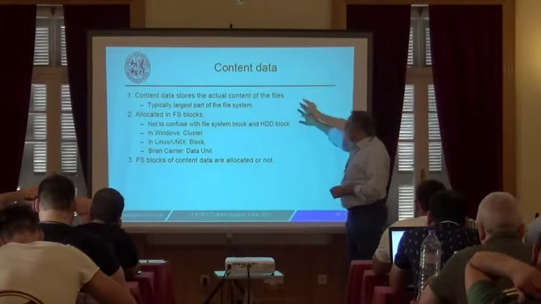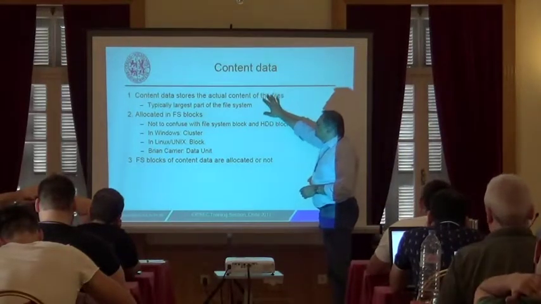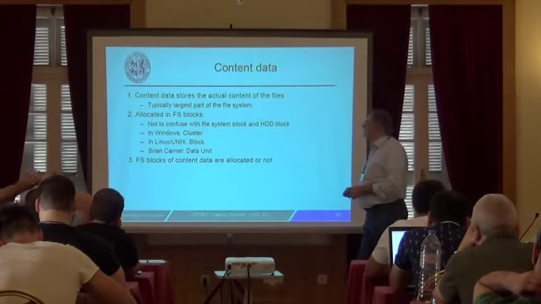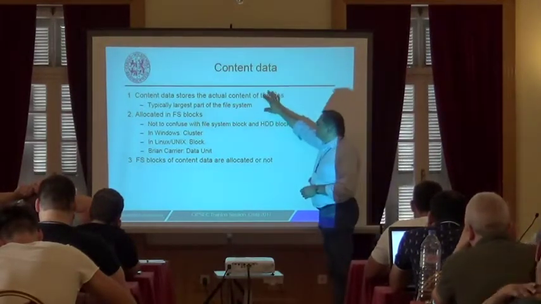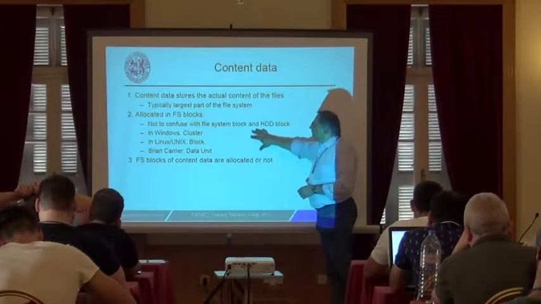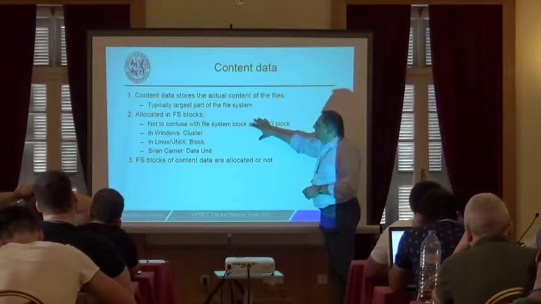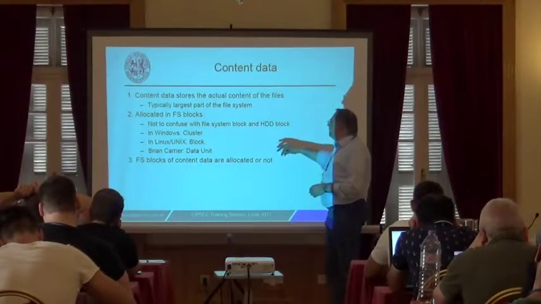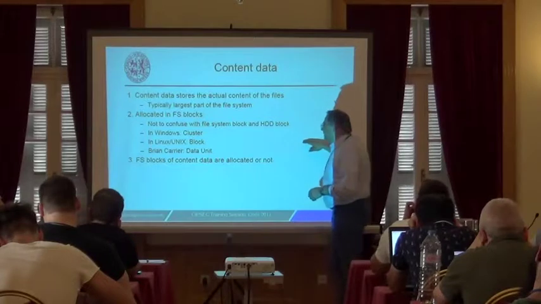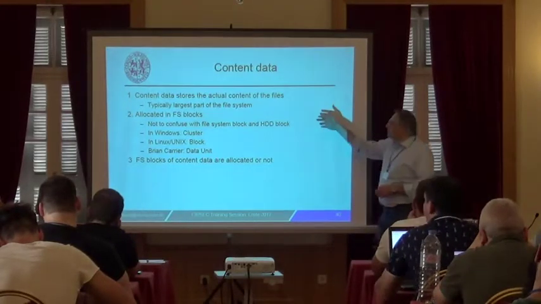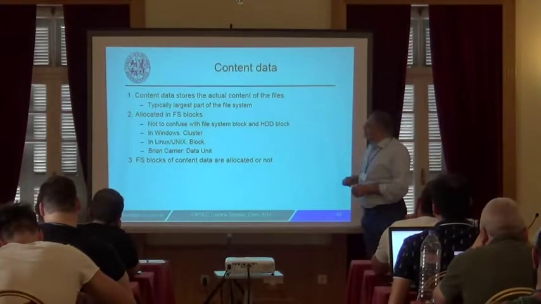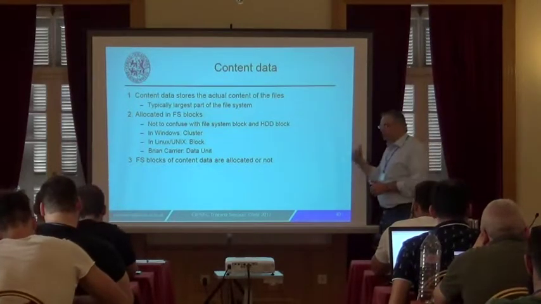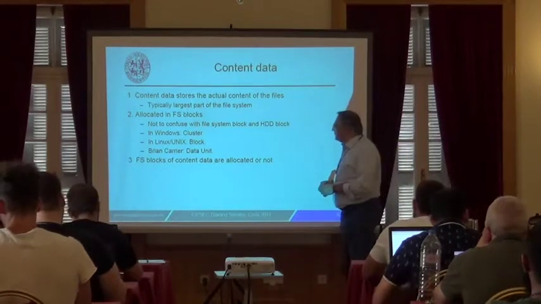Now, the largest part of the file system is best consumed by user data, otherwise it would be a very inefficient file system. Now, the data are allocated in file system blocks, and there might be a linked list of allocated blocks, or there might be a linked list of unallocated blocks, and all the rest are considered to be allocated.